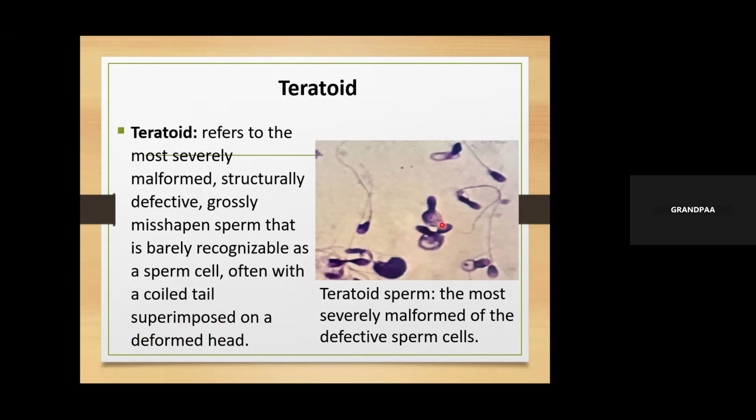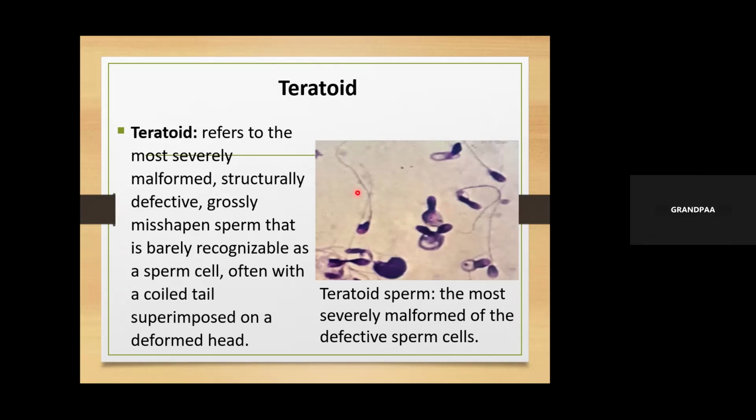You see something like this, and if you are not experienced, you may not consider them as sperm cells. These are complete sperm cells whose structure has been so badly damaged that, if you are not careful, you don't think they are even sperms. So these are teratoids, sperms with grossly abnormal structures.